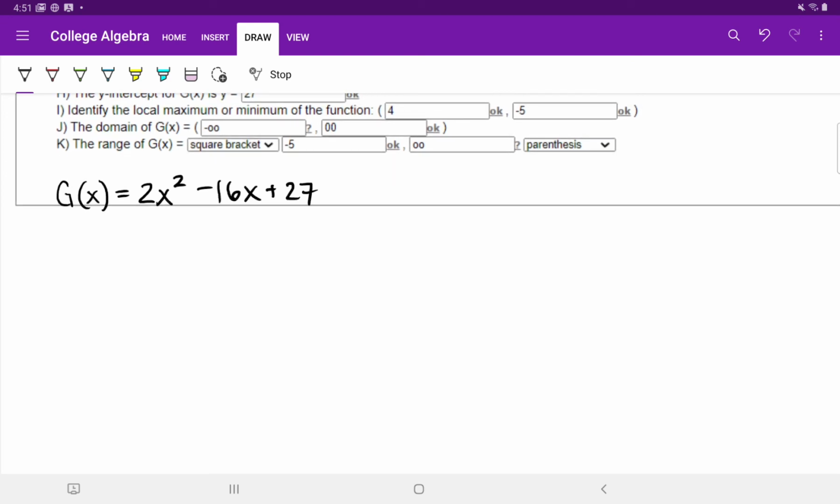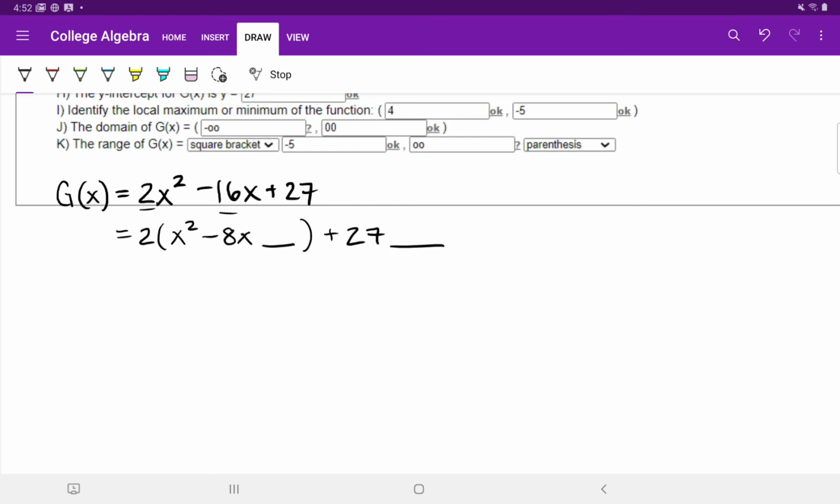The second thing we need to do is factor out the 2 from our first two terms. So we're going to pull a 2 out front, which will leave us with an x squared minus 8x. And then we're also going to leave a blank inside those parentheses. And we'll put a counteracting blank on the outside. We need these two blanks to completely undo each other or counteract each other.